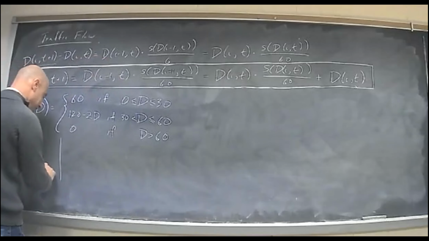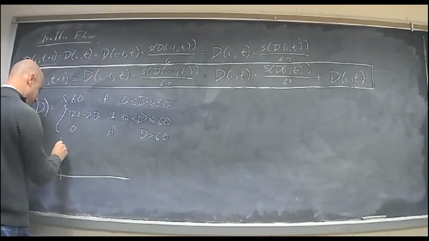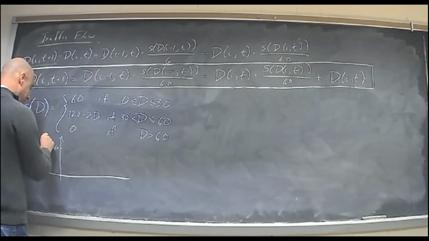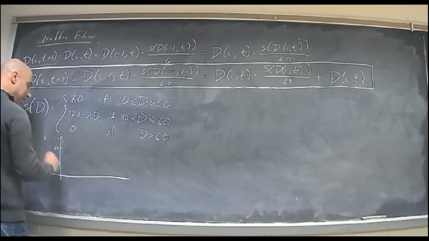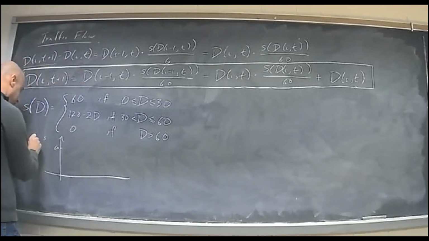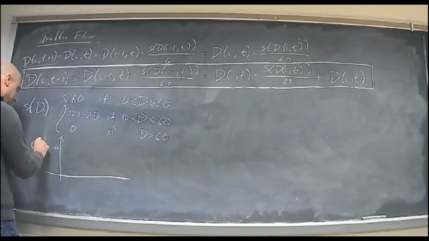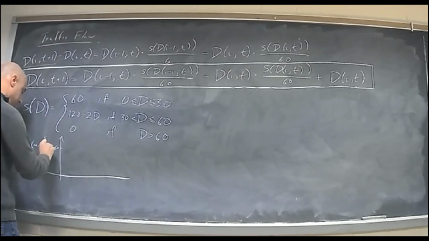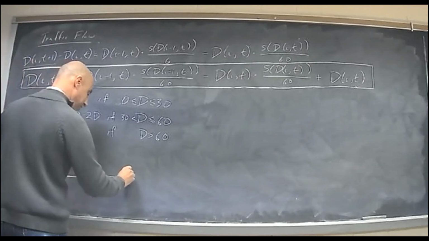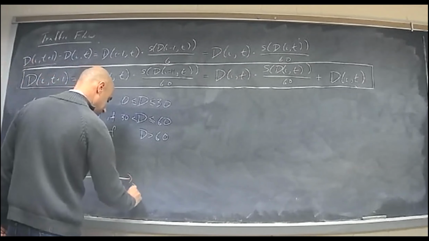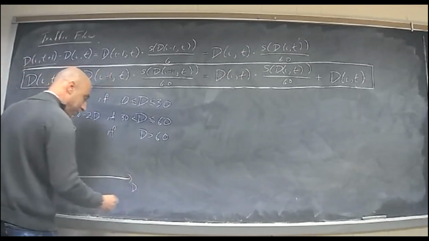In other words, you already have this in your notes. So this is your speed axis, in terms of miles per hour. And here is your density axis in terms of cars per mile.